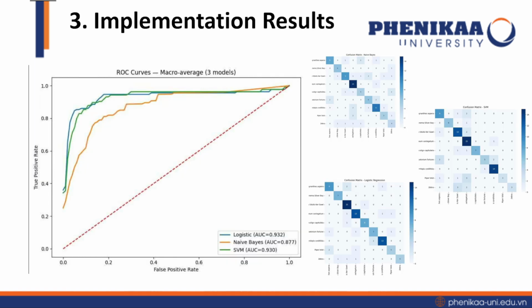The performance of logistic regression and SVM is good and close together, AUC is 0.93. Naive Bayes is clearly weak, F1 is 0.44.